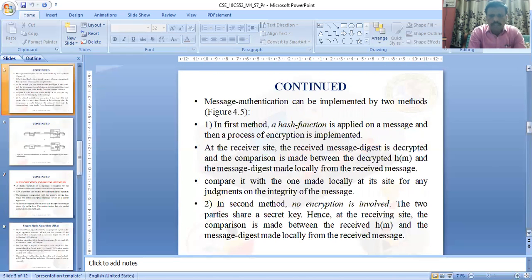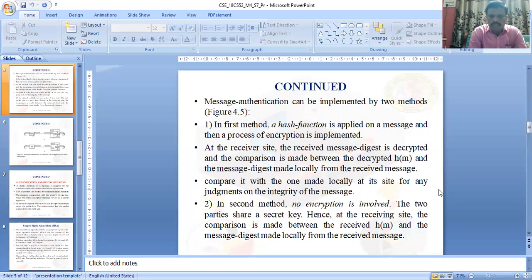Message authentication can be implemented by two methods. In the first method, a hash function is applied to the message and then encryption is implemented.